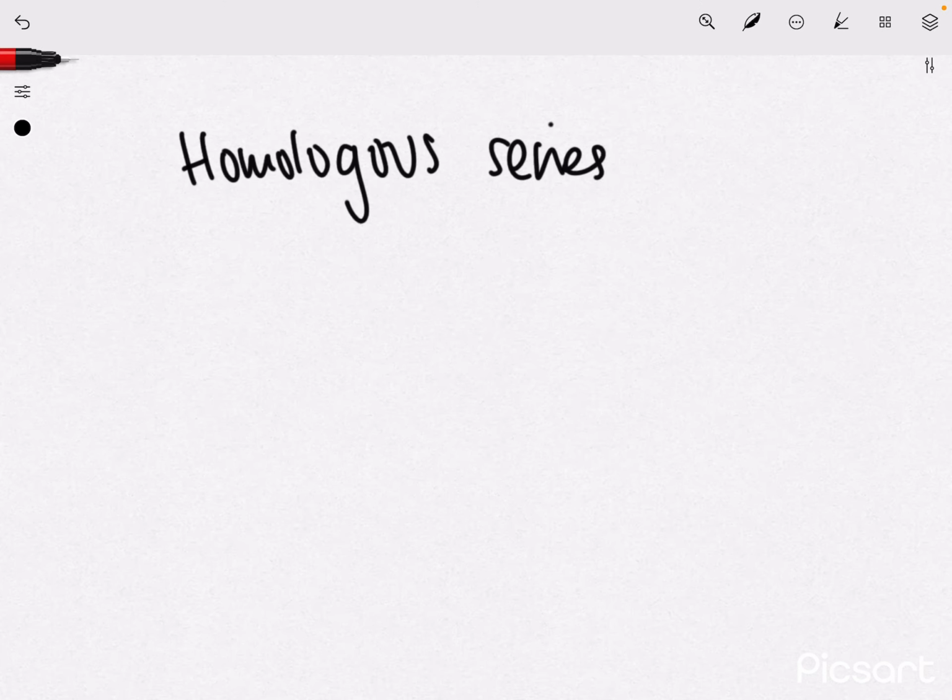Let's just quickly look at a homologous series and what exactly this word means, because we will have to know about these. So a homologous series is a series of compounds in which all the compounds present the same functional groups and similar chemical properties. The differences between the different compounds in this series is often simply the length of their parent carbon chain.